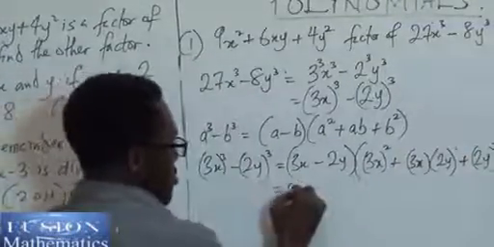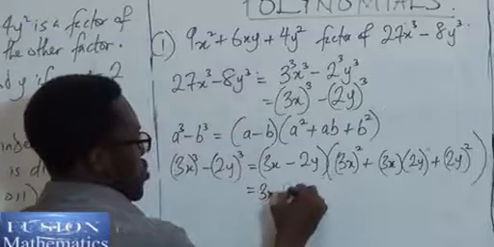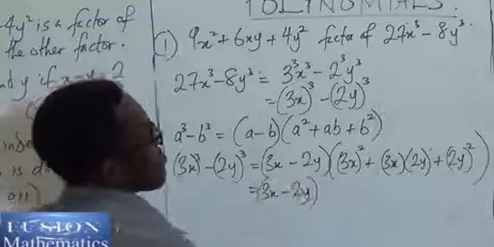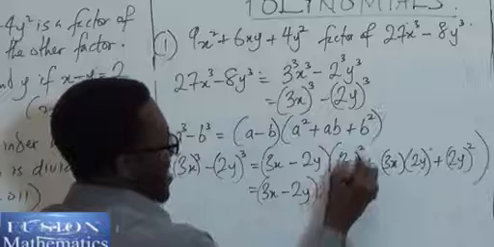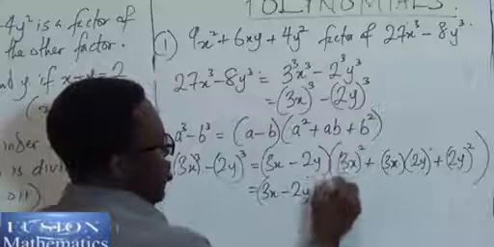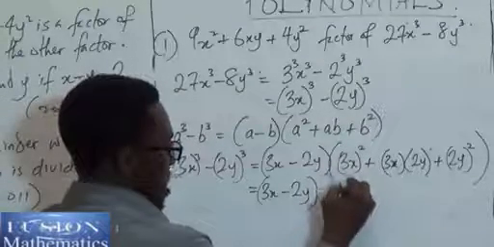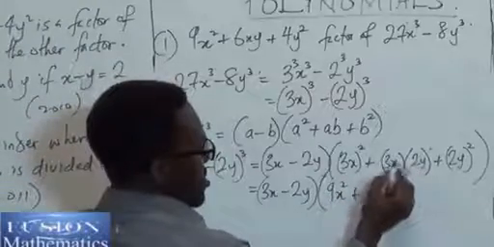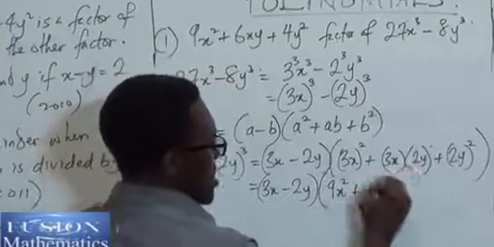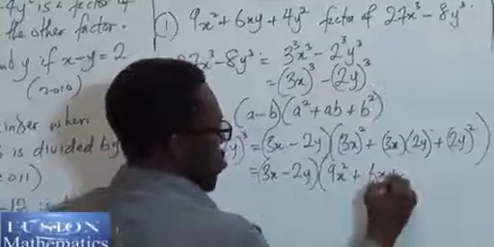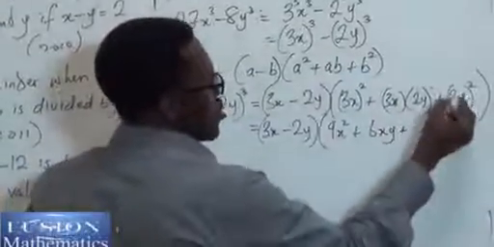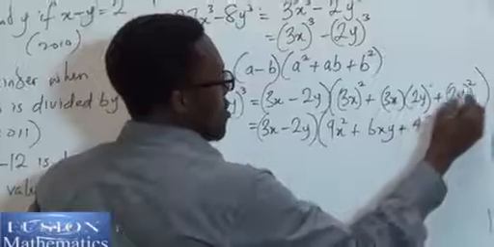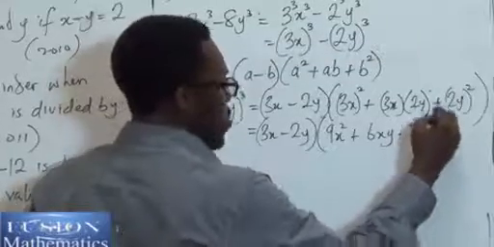So this will give us 3x minus 2y. This one will give us 3x squared, that is 9x squared. Then plus, when you open the bracket, 3 times 2 is 6, x times y is xy. Then plus 2 squared is 4, y squared is y squared.